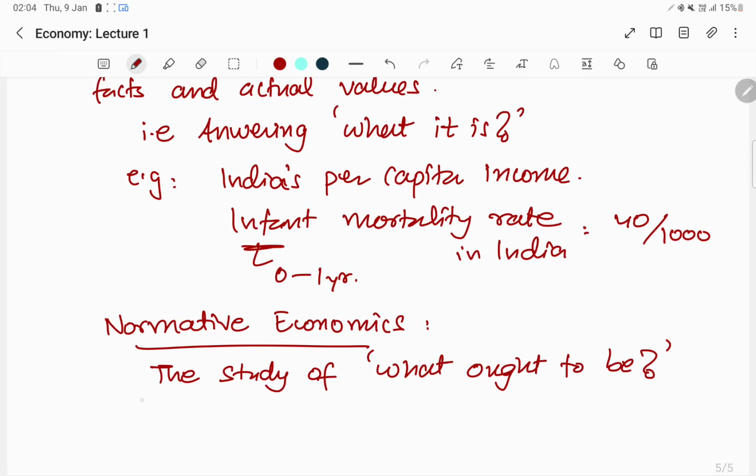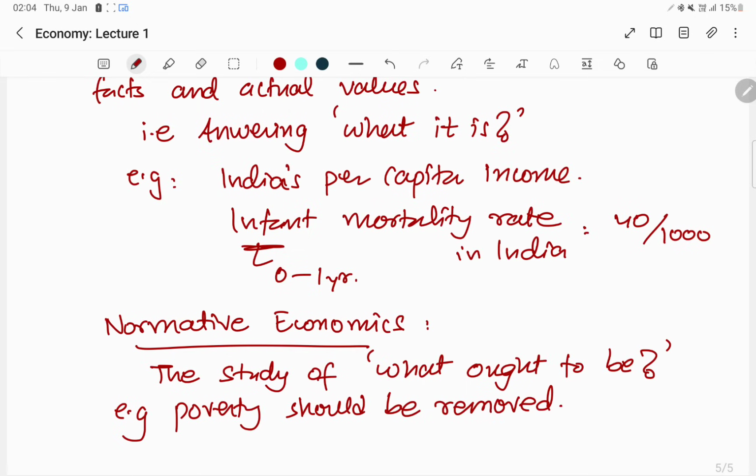For example, poverty should be removed. If we are making these kinds of statements, this is normative economics. We are talking about an ideal world.